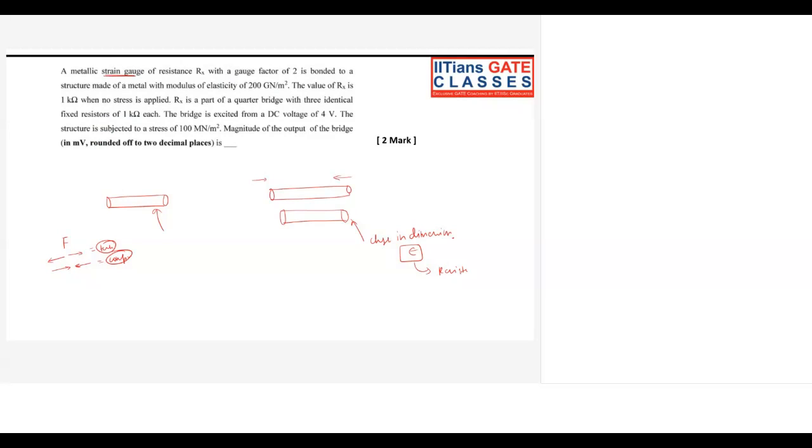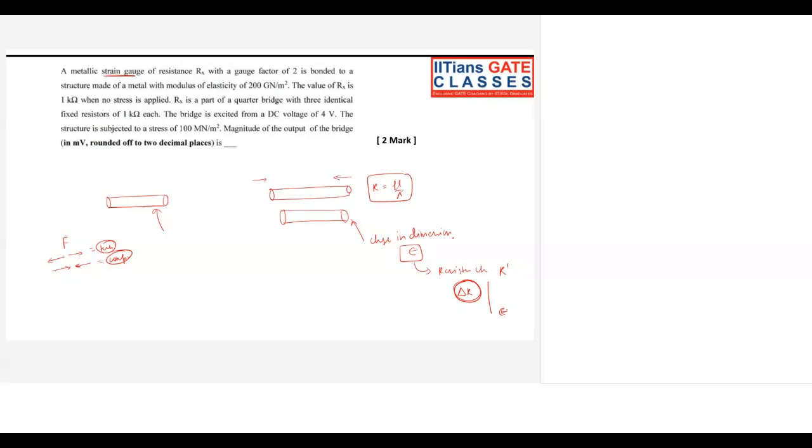What is the initial resistance? R equal to rho L upon A. Now the resistance will change to some value, that is R dash, right? Then we will calculate the change in the resistance, delta R, because of the change in the strain, and this change in the strain happened because of the application of the force.